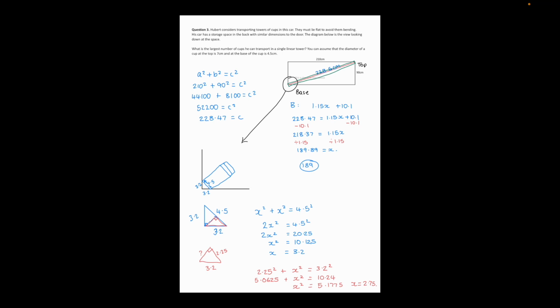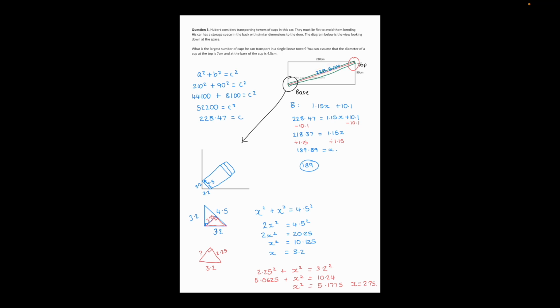So I now know that I'm wasting roughly 2.75 in terms of the amount of space missing. And I could do the same for the top end, and then I can work out my new distance that I'm able to use, which will be a little bit less than 228.